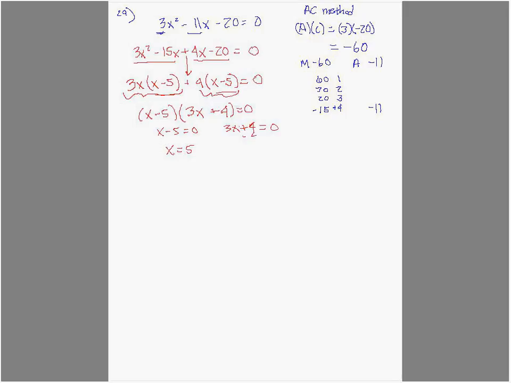And then 3x equals negative 4, divided by 3, x equals negative 4 over 3. Two solutions then. In this case, x equals 5, x equals negative 4/3.